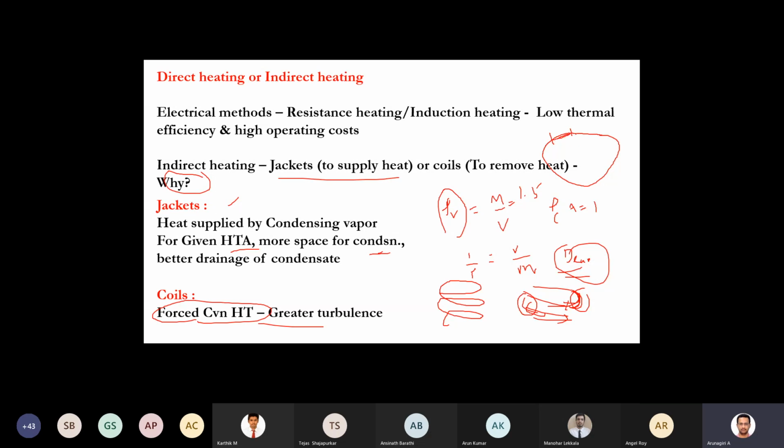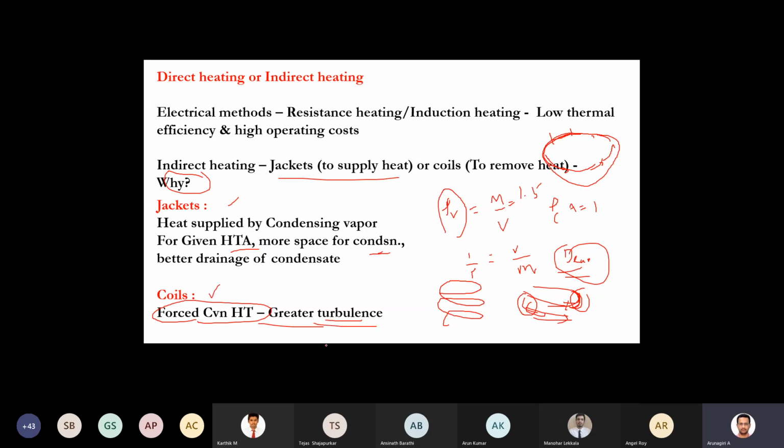But when the liquid flows through the coils, it is continuously exposed to circulatory motion, which creates secondary motion. That's why we have to account for secondary motion effects in pressure drop and heat transfer. That's called Dean's effect, which you might have studied in detail in momentum transfer, the momentum transfer lab, or particulate science and technology theory. So forced convection heat transfer is the major mechanism in coils.